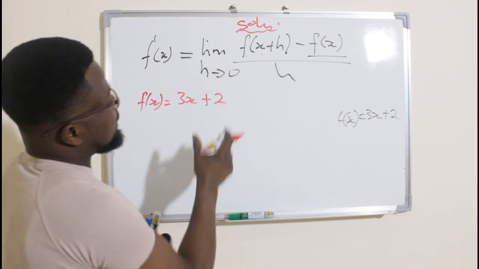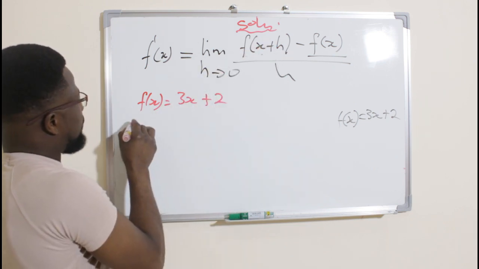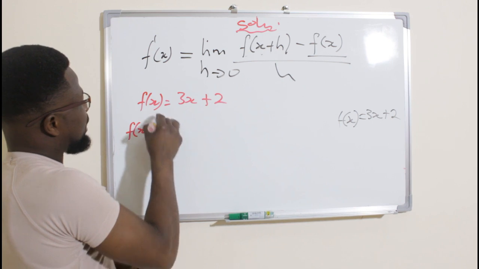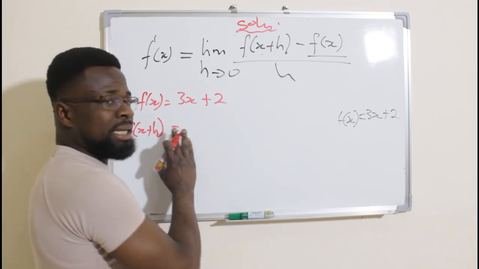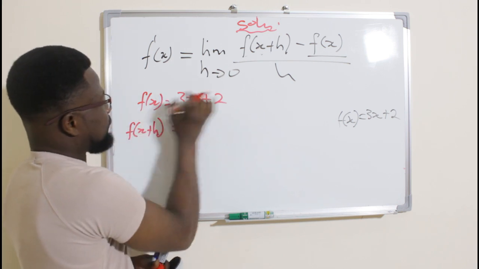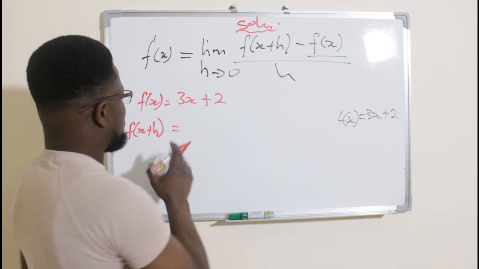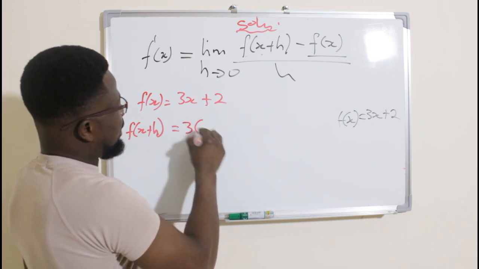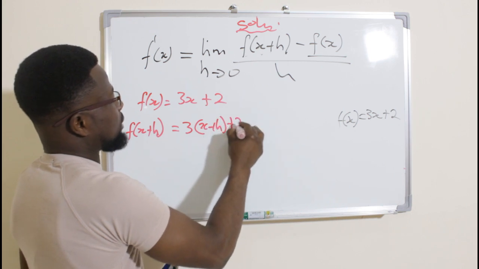Now, the second part of the formula, which is not here, is f of x plus h. As I said earlier, this simply implies wherever there is x in the function, I am going to put x plus h. So this will become 3 into x plus h, plus 2.